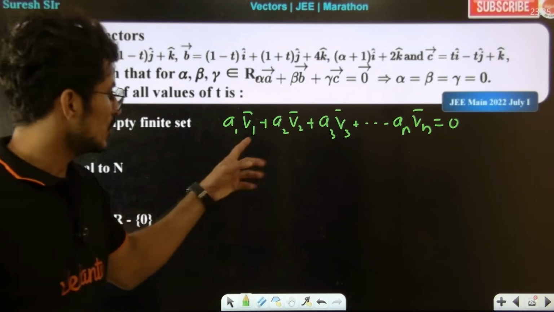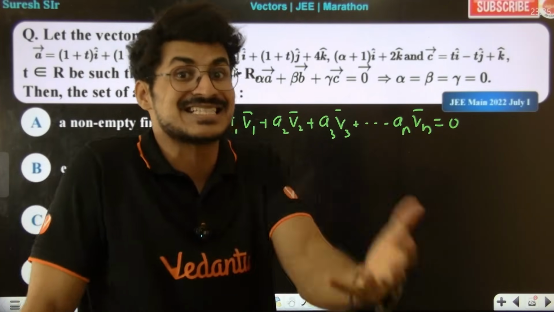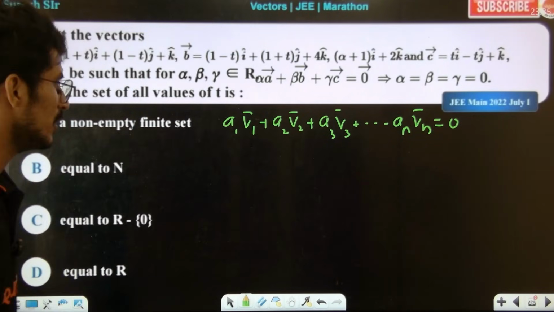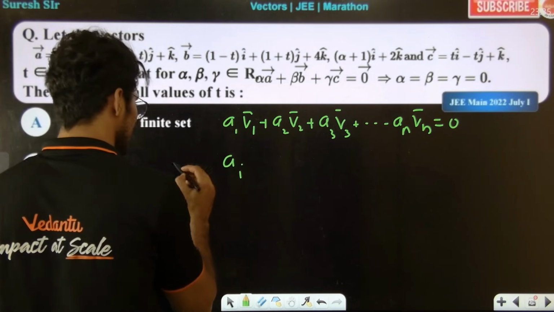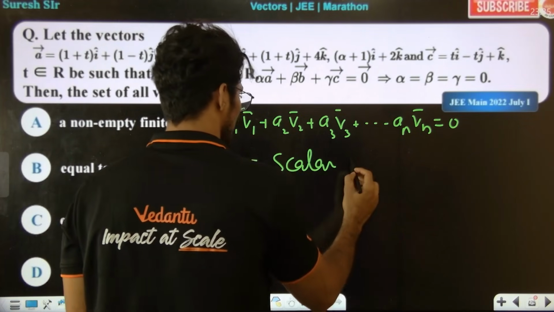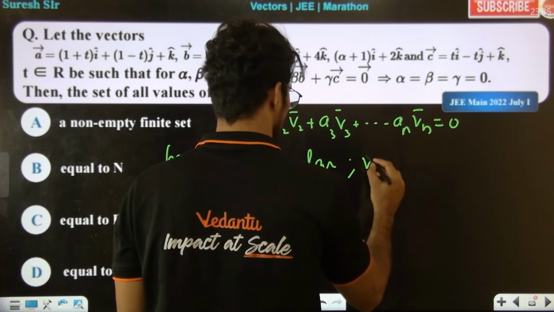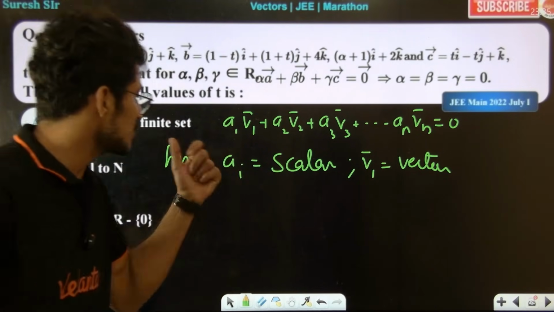Let me teach you the concept first, before getting into the question. Here ai are scalars and vi are vectors.